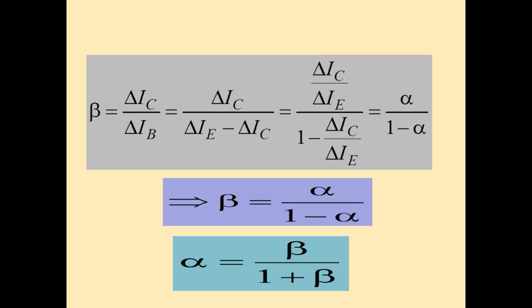So the relation between alpha and beta is beta equal to alpha by 1 minus alpha, and by cross multiplying we can write alpha equal to beta by 1 plus beta. This is the relation between alpha and beta. Alpha is the current amplification factor in CB mode and beta is the current amplification factor in CE mode.